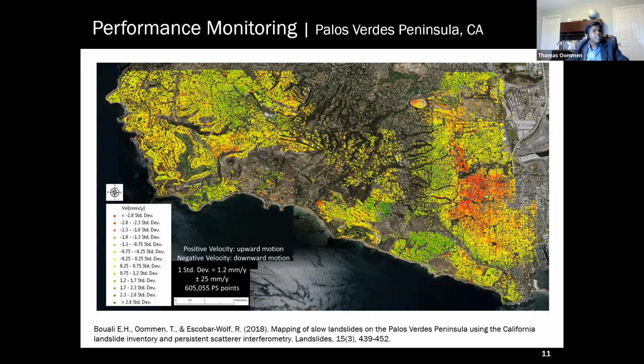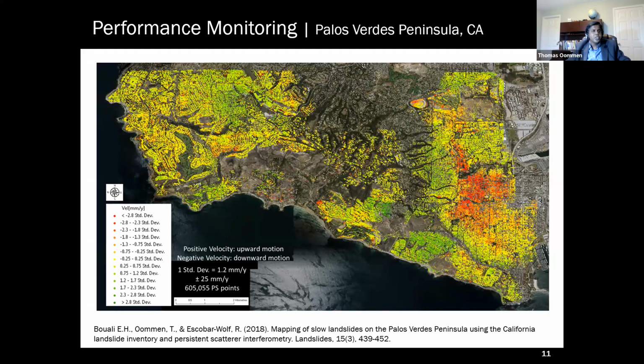Now, as I mentioned, these are individual points where you have a historic record of ground movement, just like an inclinometer.